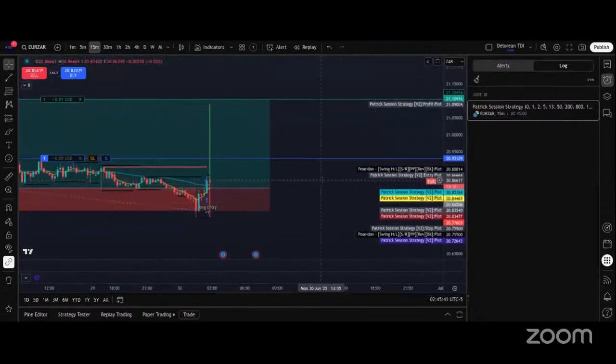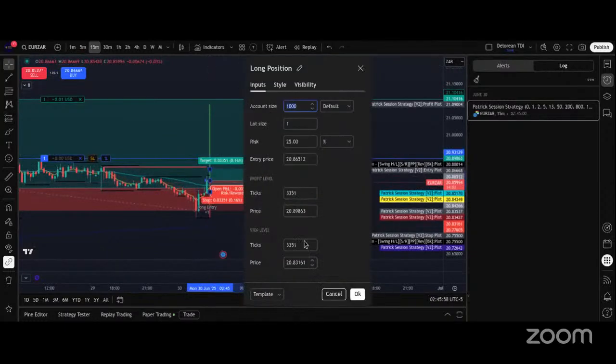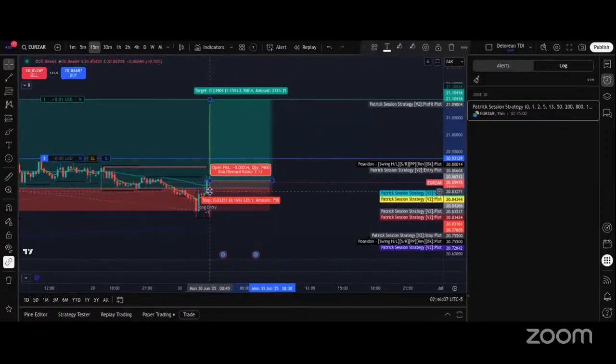Yeah, it's pretty much the same trade. Again, I'll call this out for the benefit of the live. It's going to be targeting 21.10416. Let's give this a bigger stop.